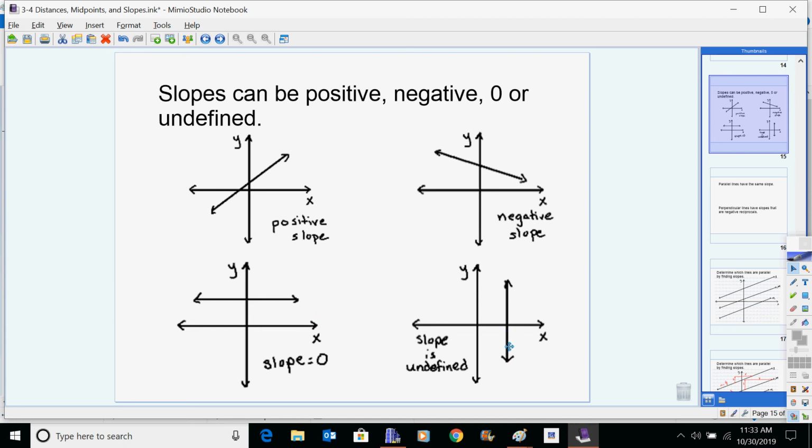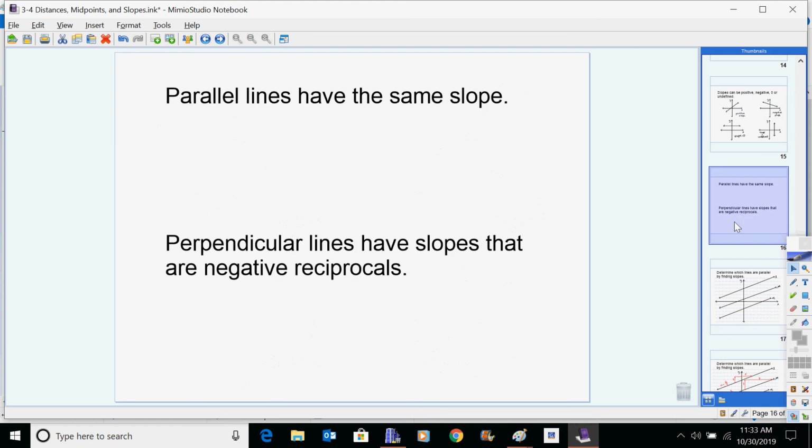And then an undefined slope would be something that would be impossible to climb up. Okay, so you've got those things happening. There is a lot of things in this, but they're all very relevant, and they're all things that you're going to use through the years, so these ones are super important.